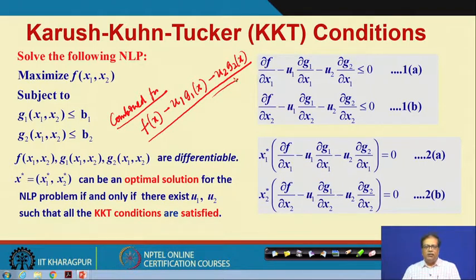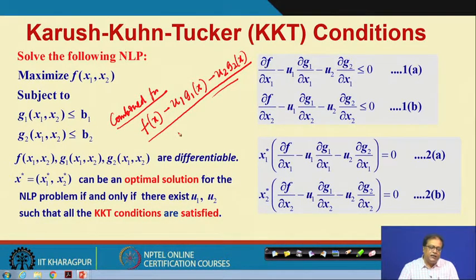This combined function is obtained by combining the function f(x) along with the two constraints g1(x) less than or equal to b1 and g2(x) less than or equal to b2. So, if I combine them, what you get is f(x) minus u1 g1(x) minus u2 g2(x). Now you see, the first condition is nothing but the differentiation of this function with respect to x1 and with respect to x2.